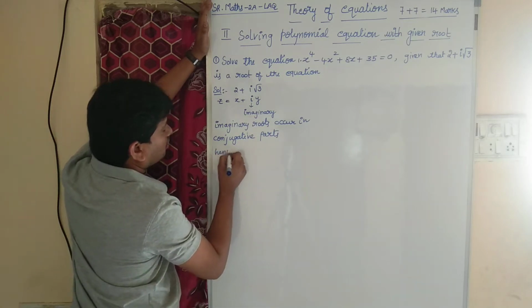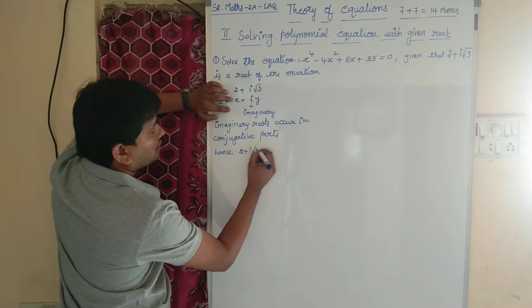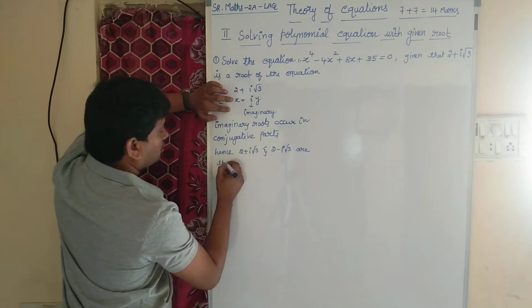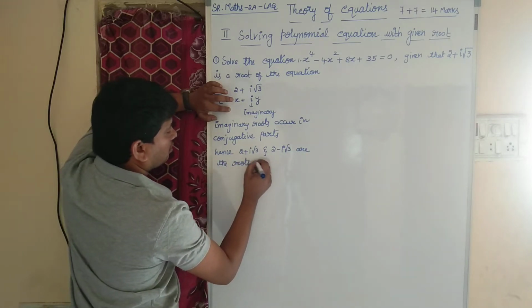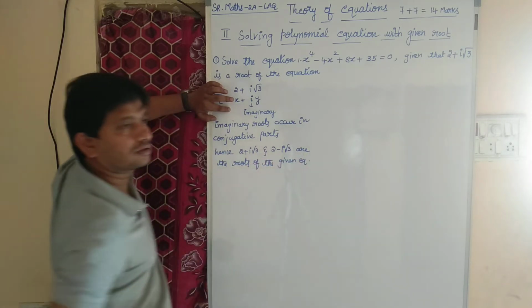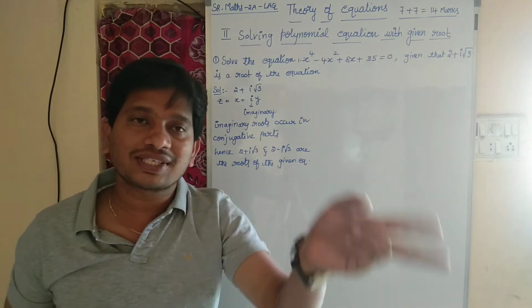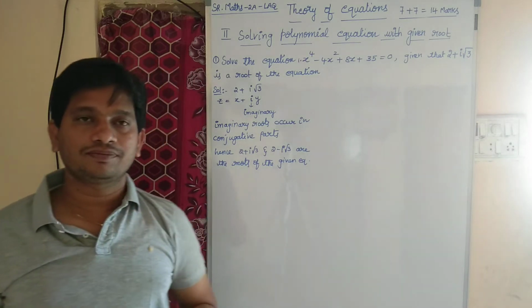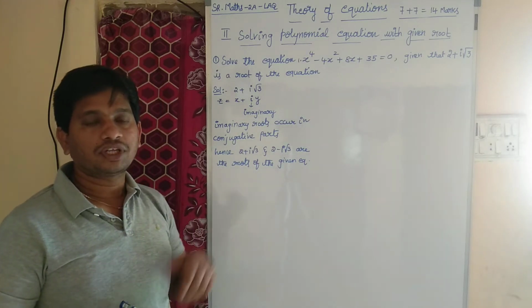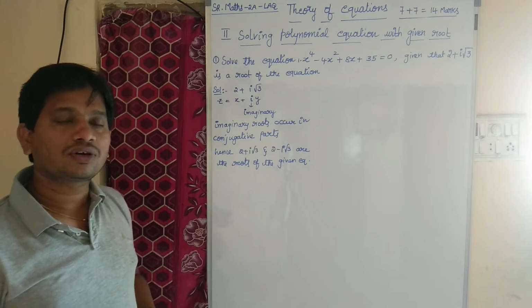Hence 2 plus i root 3 and 2 minus i root 3 are the roots of the given equation. Children, one root is given, 2 plus i root 3. What about the second root? 2 minus i root 3. If it is plus, it will become minus because they are conjugates. So what is the conjugate of 2 plus i root 3? 2 minus i root 3. Imaginary roots occur in conjugate pairs.